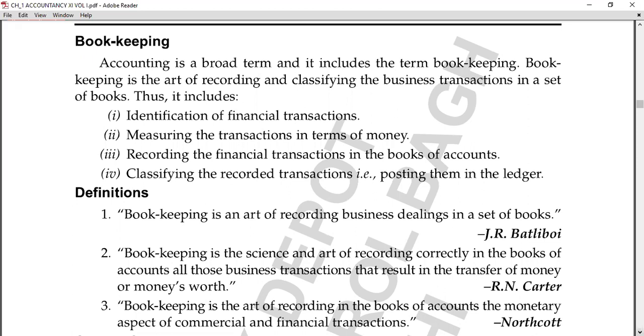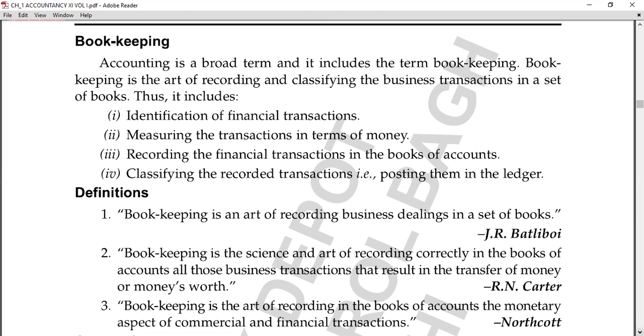Bookkeeping means recording and classifying the business transactions in a set of books. Put a full stop and further continue.